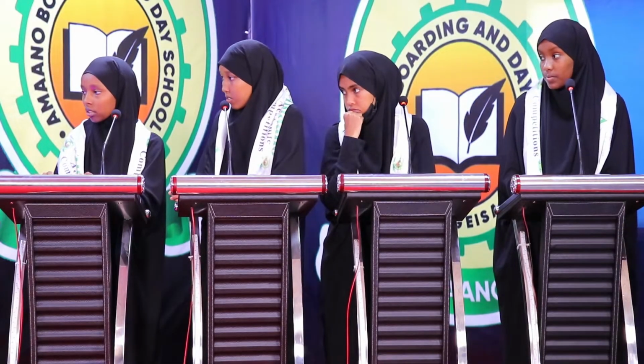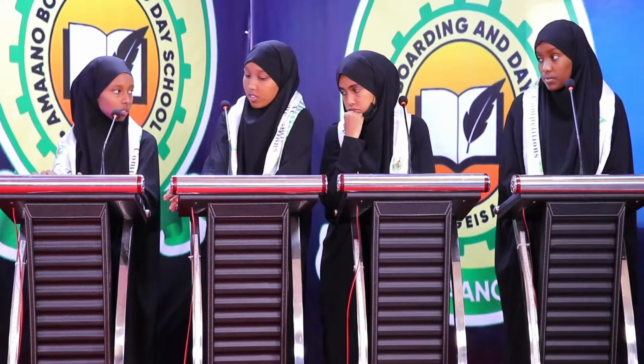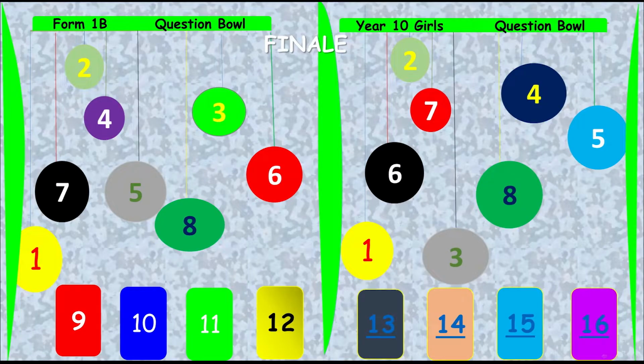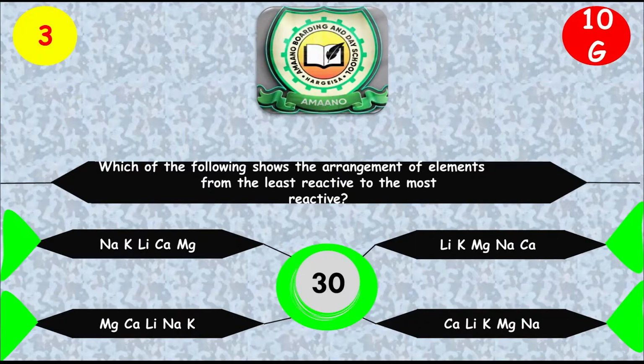Year 10. Number 3. This is a chemistry question. Which of the following shows the arrangement of elements from the least reactive to the most reactive? A, sodium, potassium, lithium, calcium, magnesium.